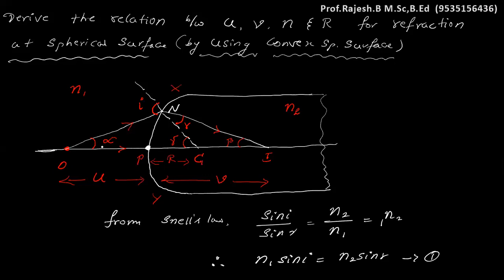Then I can consider tan alpha for this, which is opposite by adjacent. Similarly, I can find tan beta, opposite by adjacent, and similarly tan gamma. By all these three triangles we can find alpha, beta, and gamma. But we have to consider the paraxial situation. For a paraxial ray, the line NP can be considered as a straight line.